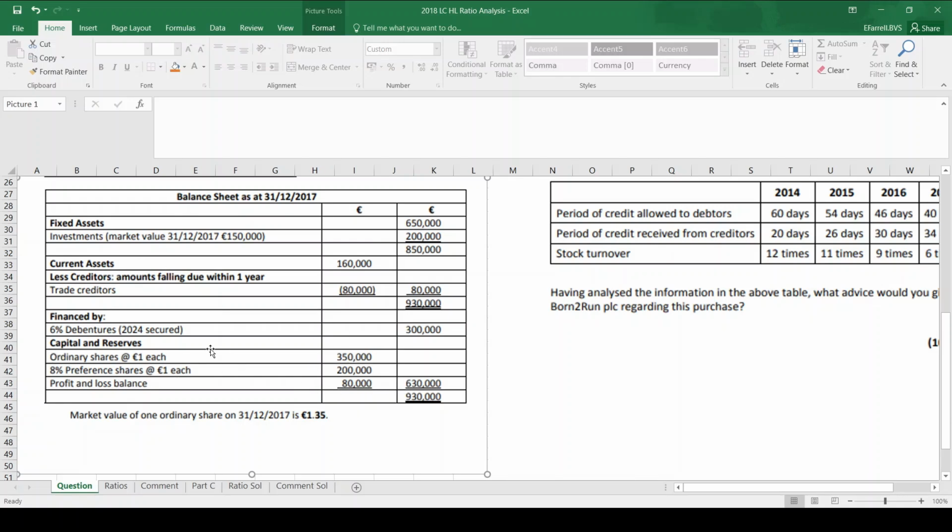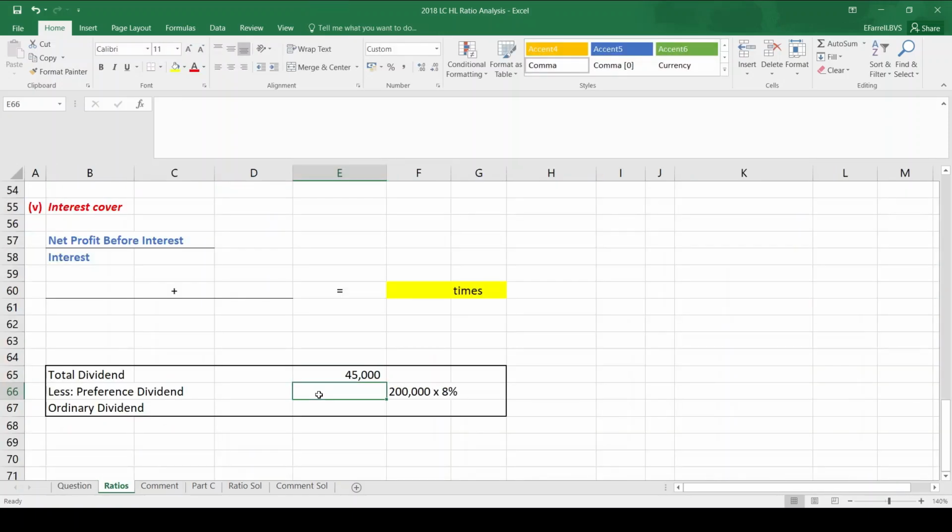So 200,000 shares, and they get a dividend of 8%. So the preference dividend is 200,000 by 8%, which comes to 16,000, and the difference has to be the ordinary dividend, which is 29,000, because they must add up to the 45.